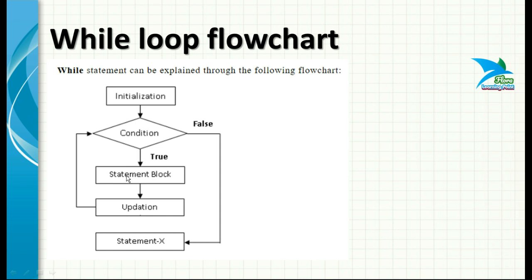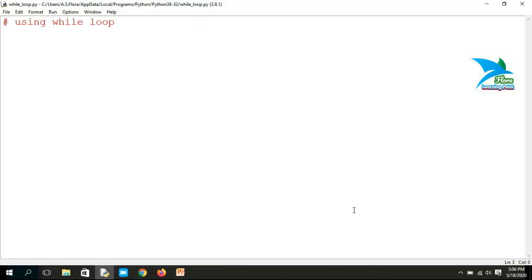This process repeats again and again while the condition evaluates to true, and when the condition turns false, the control will exit from the loop, and statement X, which may be outside the loop or inside the else block, will get executed.